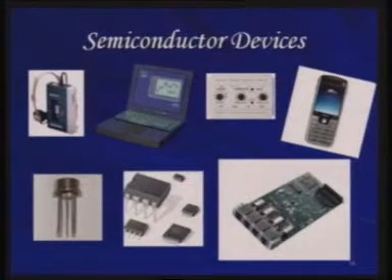The device size, as you are seeing, is very small. The capabilities of these devices are much better than vacuum devices, and they also work on much lower voltages. If you remember, in the case of vacuum devices, we needed 300 volts or more to work. Here we are working with less than 5 volts, sometimes 30 volts, but nothing more than that.